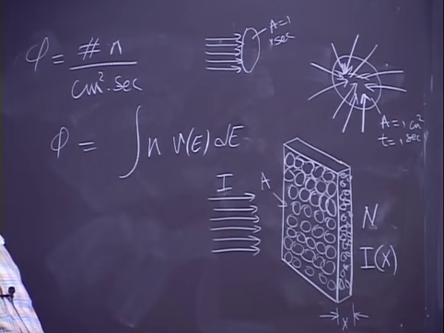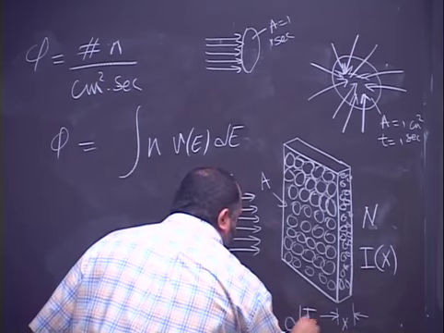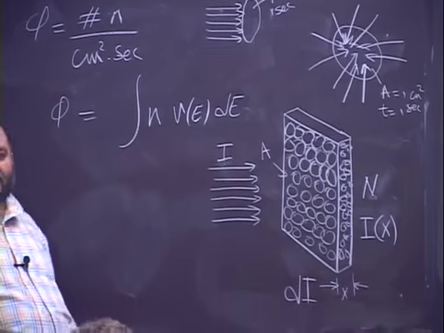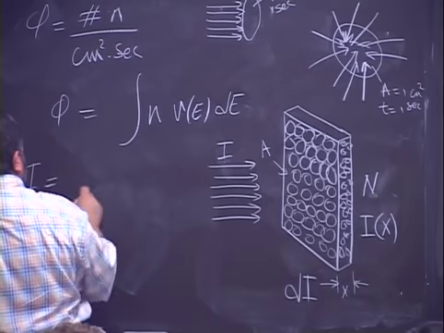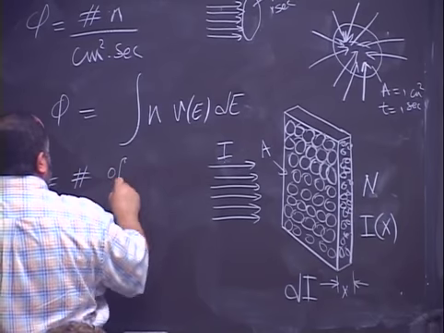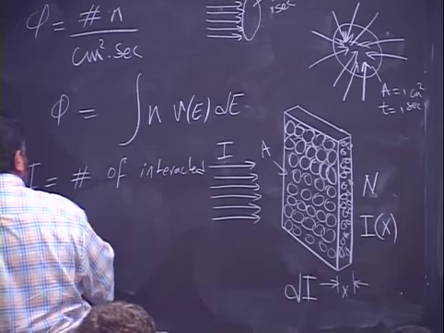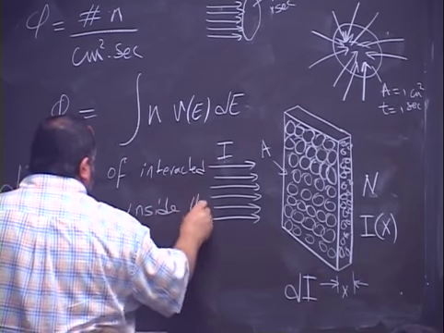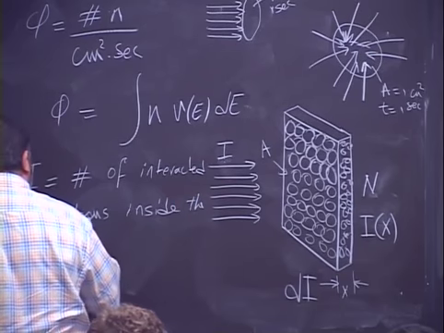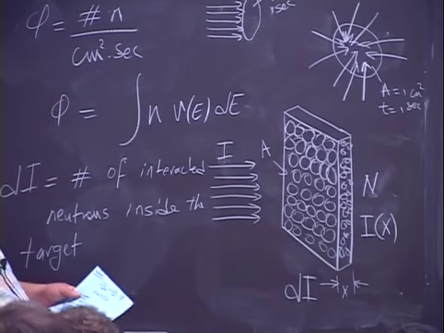It will be different from the beam in front of the target. Why? Because there is some interaction. So the beam will be reduced by dI because of the interaction inside the target. So this dI is just the number of interacted neutrons inside the target.